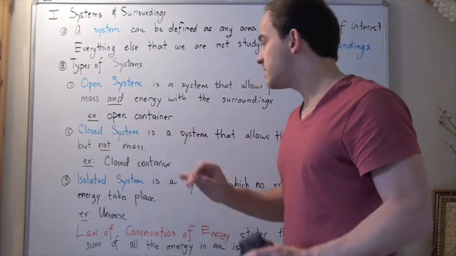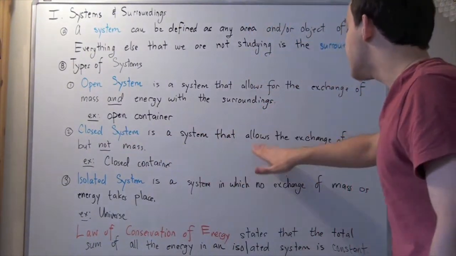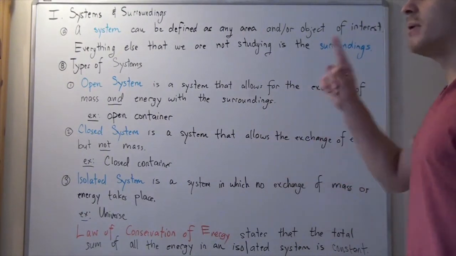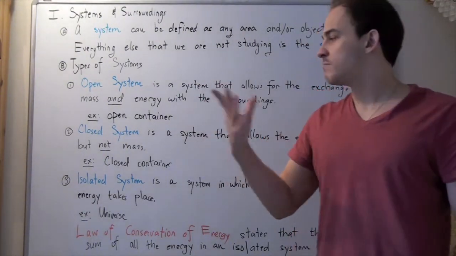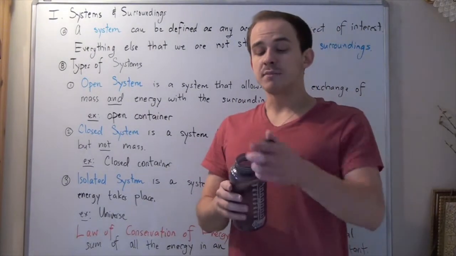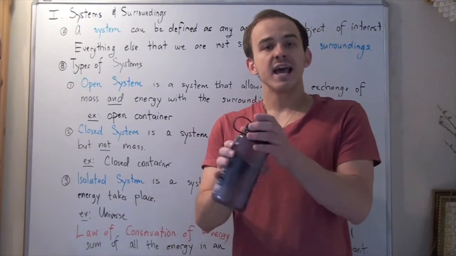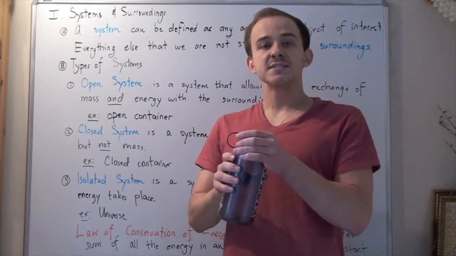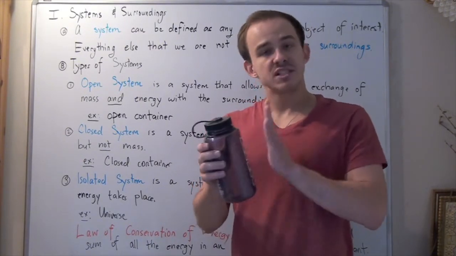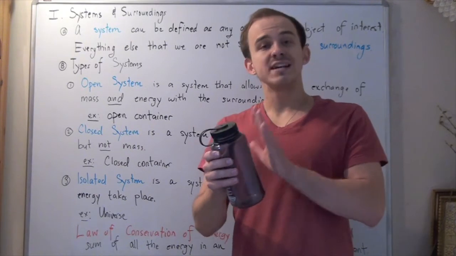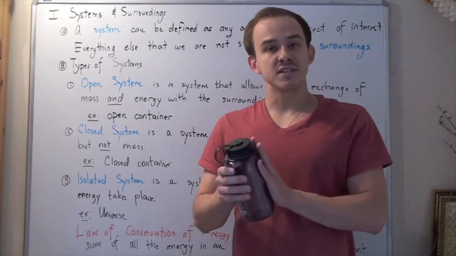Now, a closed system is a system that allows the exchange of energy but does not allow the exchange of mass or particles. For example, if I take this container and I seal it shut, I create a closed system. And that's because now my molecules will stay within the container, within my system, and they will not leave the system.